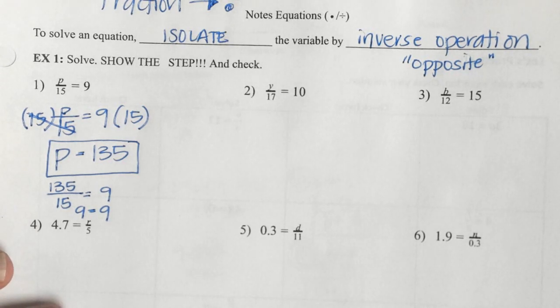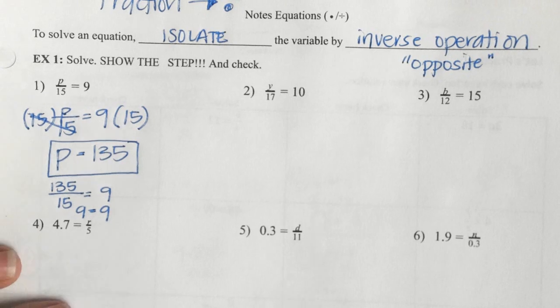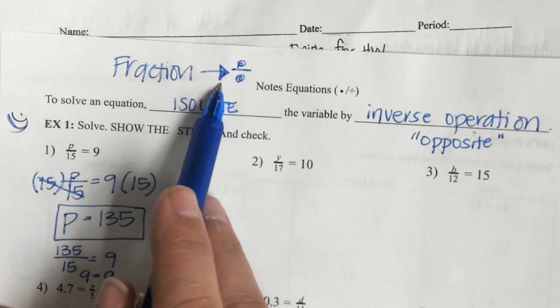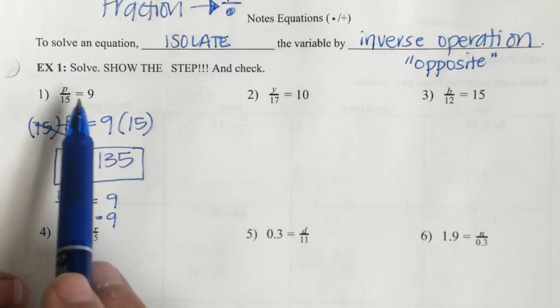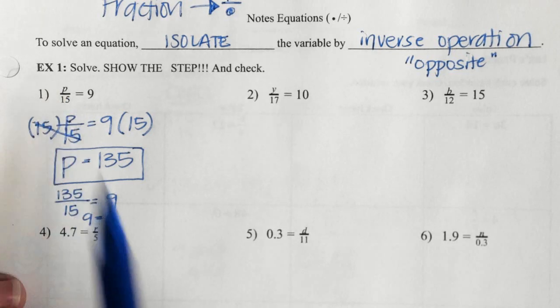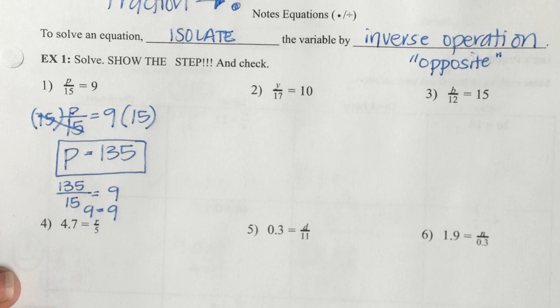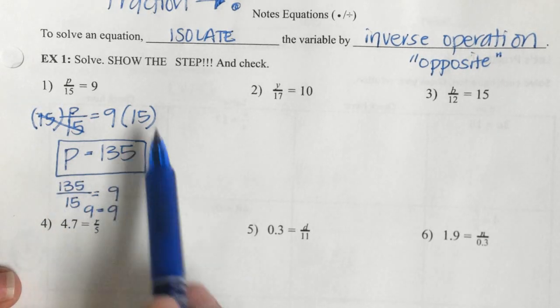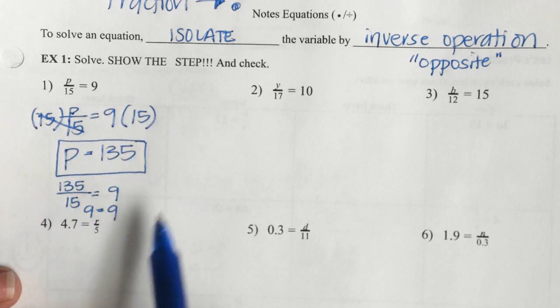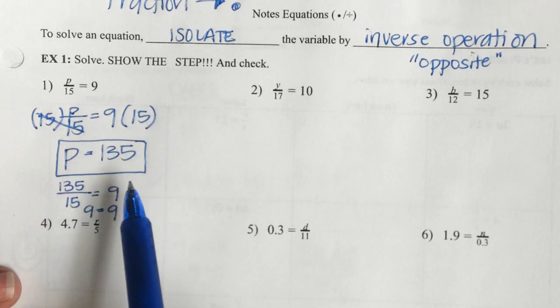You did 135 over 15. Is that divide? That's why we wrote this up here. Fraction means division. And that's when I read this one, our variable divided by 15. Yes, this means to divide. Can we just multiply the two numbers? Guys, if you don't write it out like this, love you dearly, but I'm going to have to count it wrong.